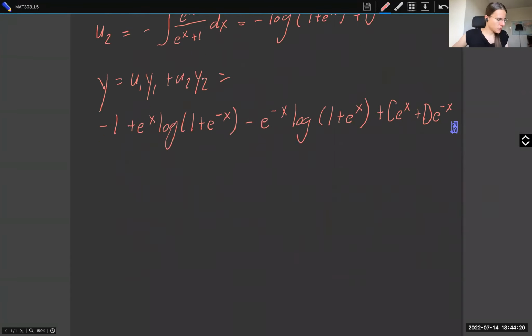Now let's do another problem. Let's do something interesting. x squared y prime prime plus x y prime minus y is equal to 4x squared e to the x.